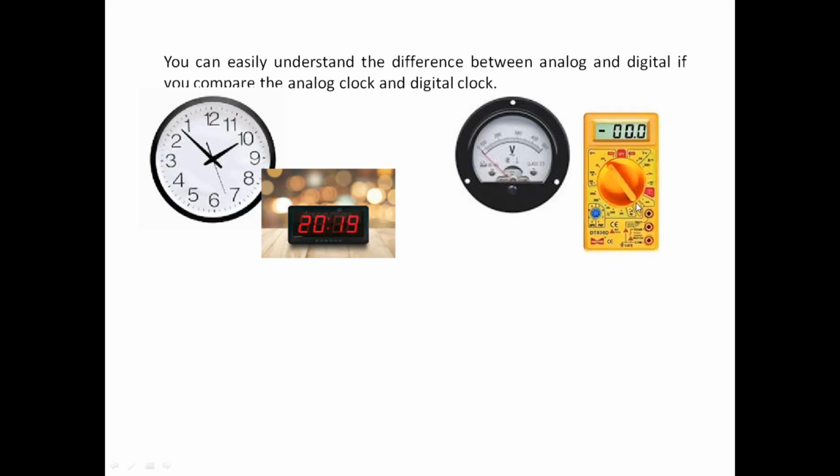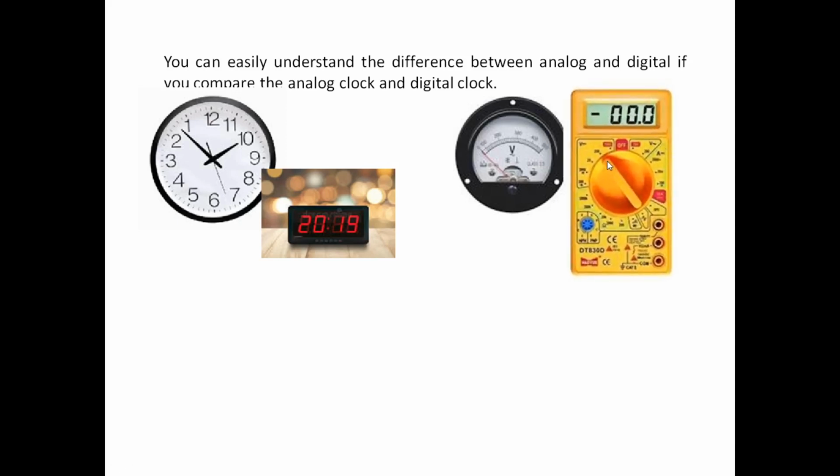But the digital multimeter shows you the magnitude of a quantity like voltage or current directly in the form of digits on the digital display. So this is the difference between analog and digital. The analog is something which is continuously varying or which can have any value. There are infinite possibilities of value, but in case of digital there are finite values.